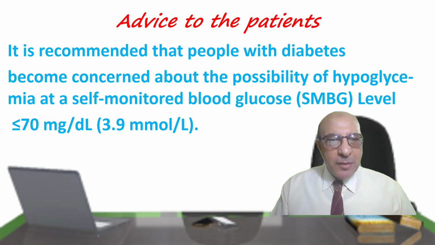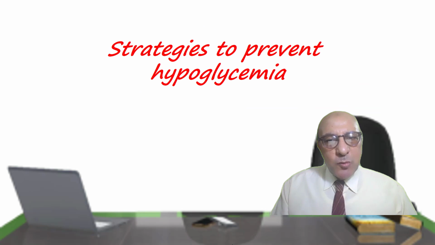For this type of hypoglycemia, the advice is that patients with diabetes mellitus should be more concerned when they have blood sugar of less than 70 milligram per deciliter and start, even if there are no symptoms, taking some foods, carbohydrates in any form, as we'll talk about in the treatment later on, to prevent the development of moderate or severe hypoglycemia.